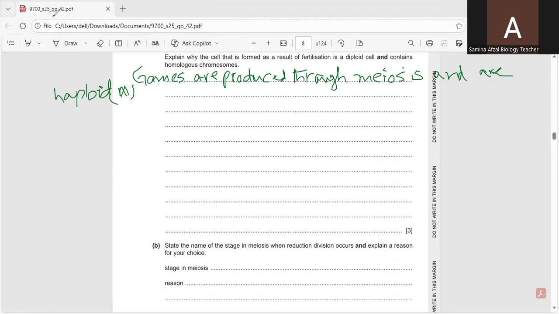Each gamete contains only half the number of chromosomes.